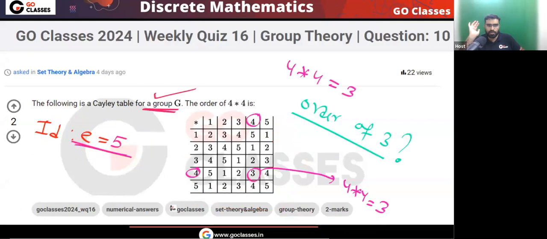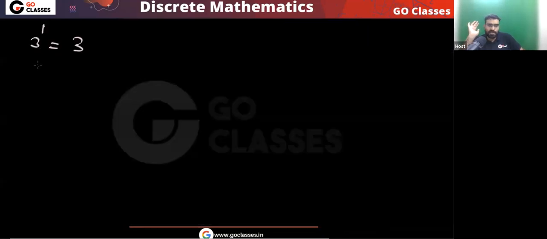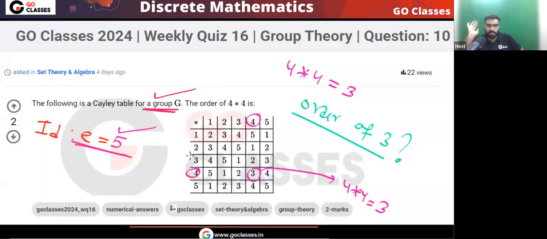Very simple. Now you know the identity element is 5, so what are you looking for? 3 power 1 is 3. That is not equal to the identity element. The identity element is 5. So what is 3 power 2? 3 power 2 is 1.